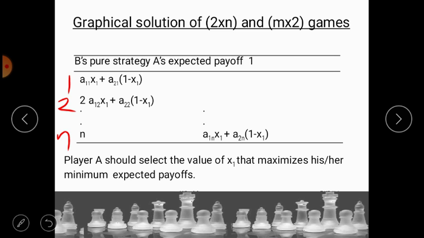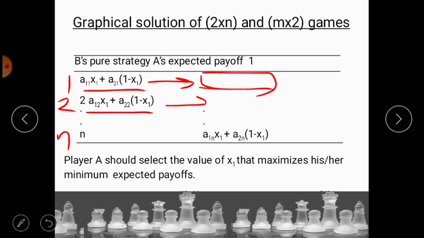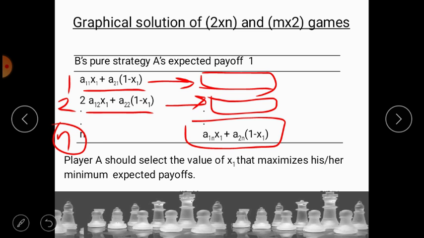And here we have the expression, that is the expected payoff, and this one here, and for the nth value, this is the expected payoff. Okay, so I'll edit this file, and I'll post the exact picture of this slide in the WhatsApp group.